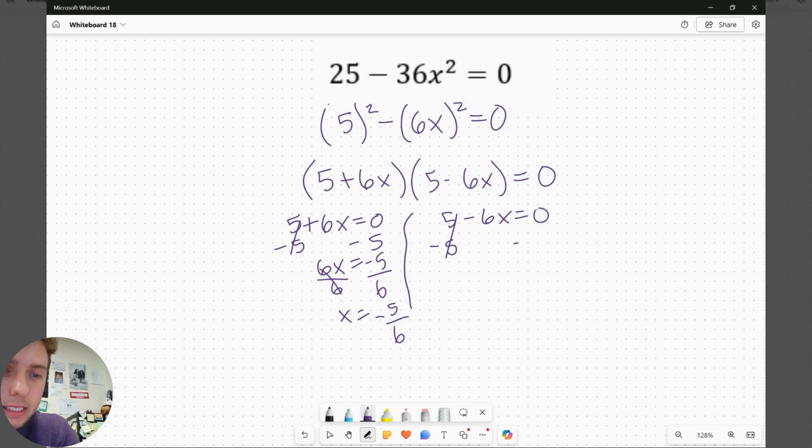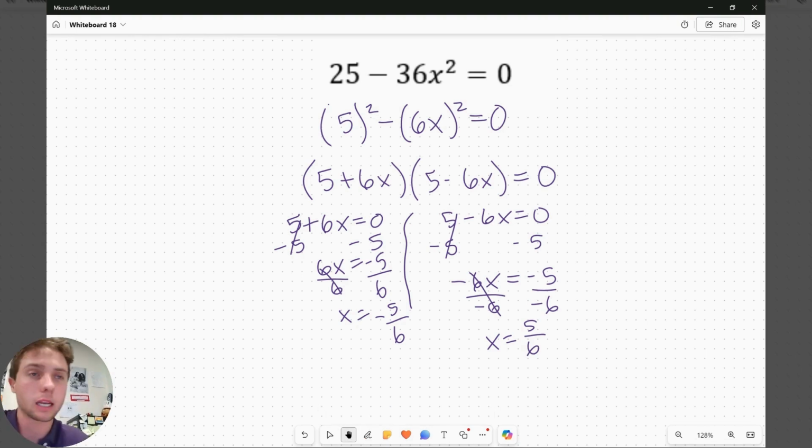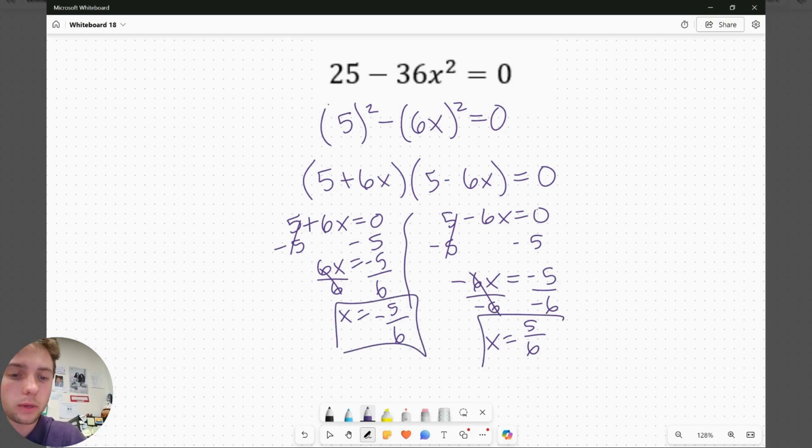Same idea, same sort of process on the other side. Your value will change slightly, just giving us the positive version, as a negative divided by a negative cancels. There are the two solutions we get when we solve this difference of squares problem.